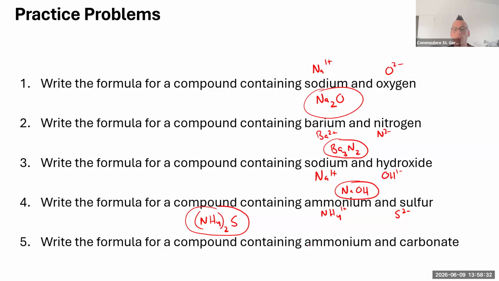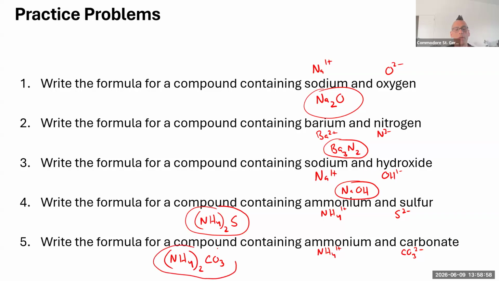Now we can put together 2 polyatomic ions. This is NH4 1 plus. Carbonate is CO3 2 minus. Let's bring those numbers down. Remember, crisscross applesauce, so it becomes NH4. We need 2 of them, so we put that in parentheses, and then CO3.